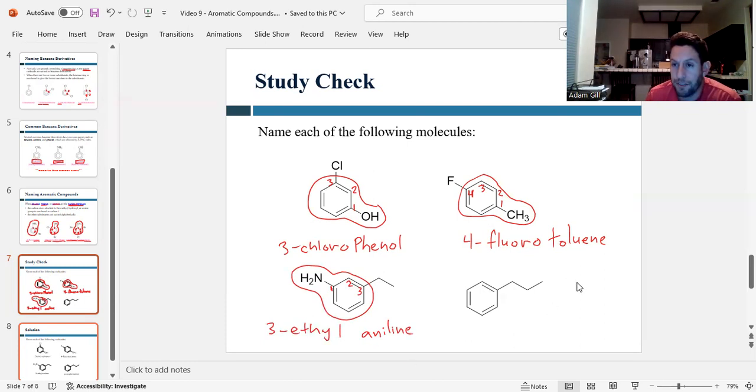And the last one is actually the simplest because the parent is just benzene. And there's only one substituent, and it's got 3 carbons. So that's a propyl group. So this is just propylbenzene. Nice and easy.